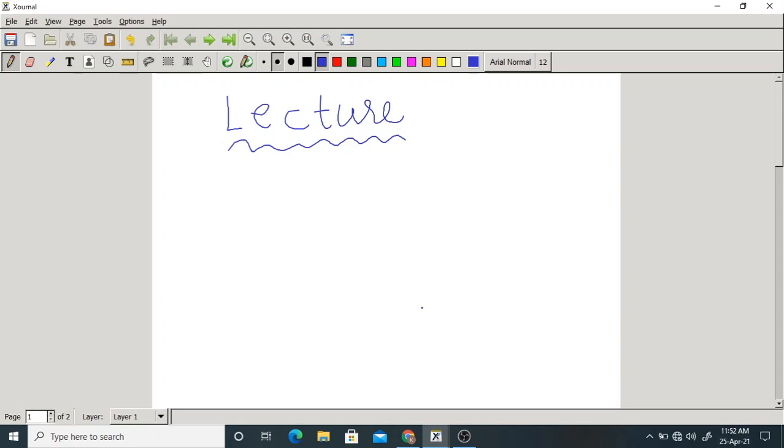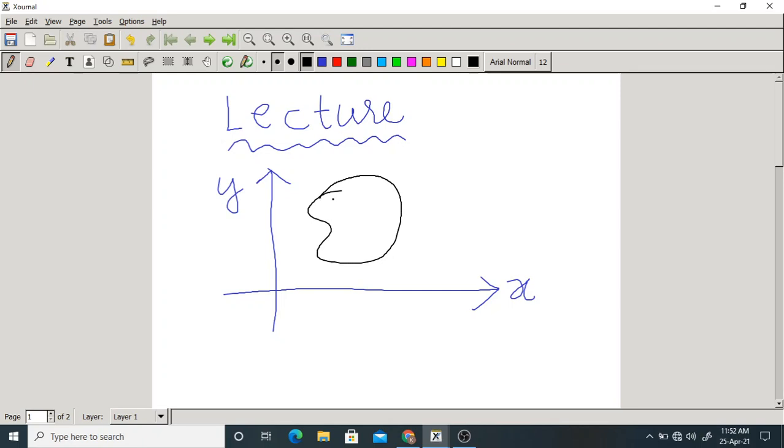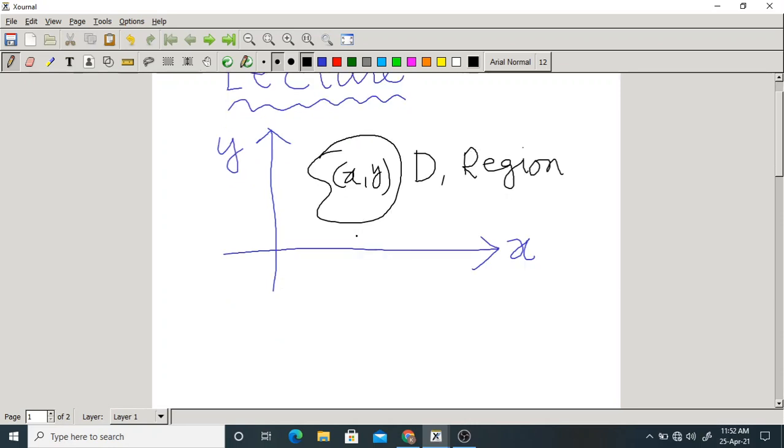Before that, let me take a two-dimensional space, x and y. Suppose this is a region D, which belongs to x comma y. This is a two-dimensional space, which means we are dealing with two random variables.